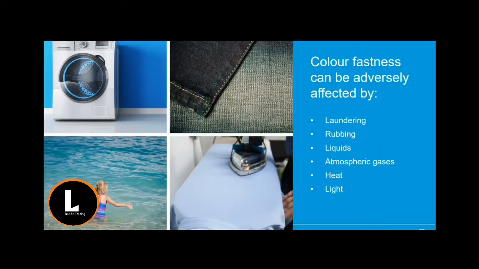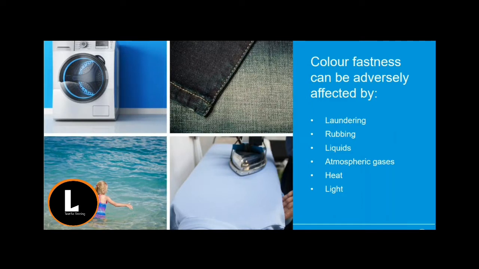There are various types of mechanical and environmental influences that can impact colour fastness, and these can include washing or laundering, rubbing, so think dark denim jeans onto a white sofa perhaps, and liquids as well. This is quite a broad category. Some examples include rainwater on outdoor wear, seawater on swimwear.